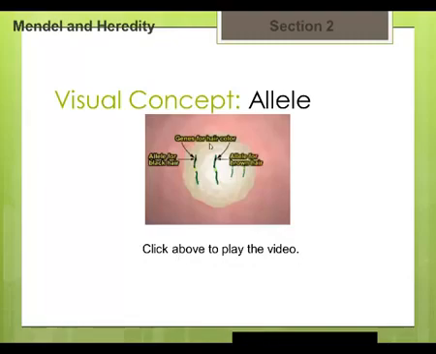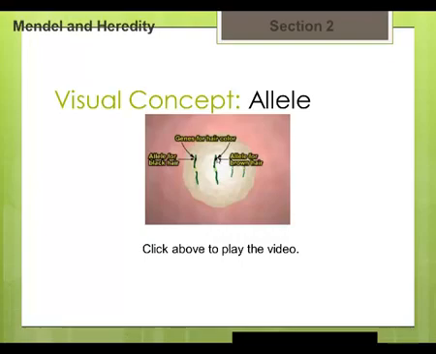Okay, so right here are the two genes that are for hair color. The one on the left is the allele for black fur. The one on the right is the allele for brown hair. And these are the same gene, just different versions.